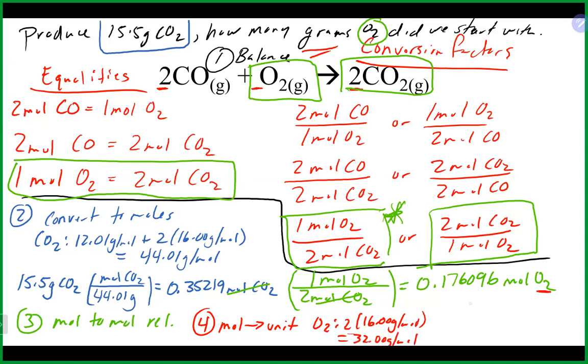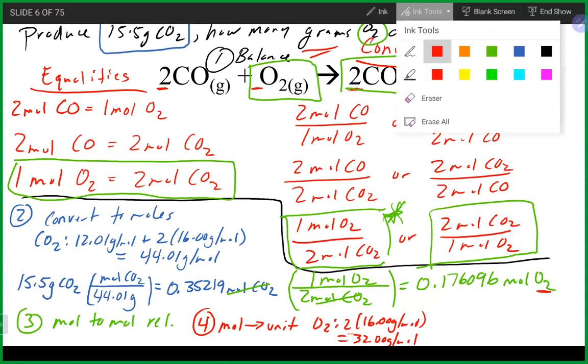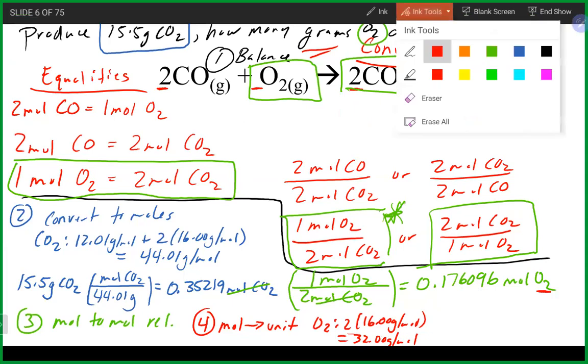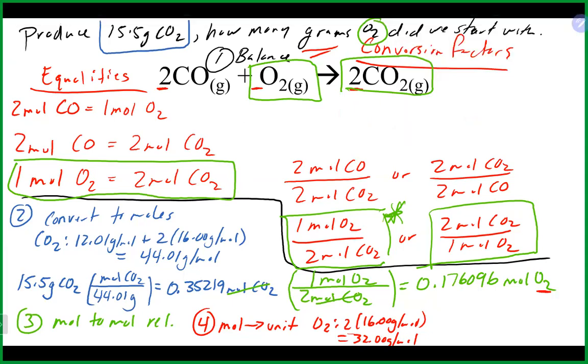So the last step we're going to do is erase a couple of these conversion factors here. We're going to take the number that we were continuing on with, 0.176096 moles of O2, using the molar mass from the periodic table.